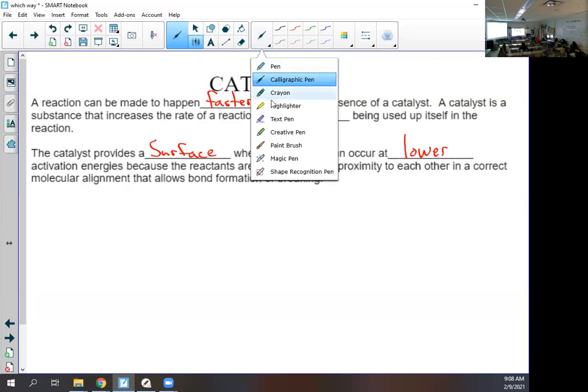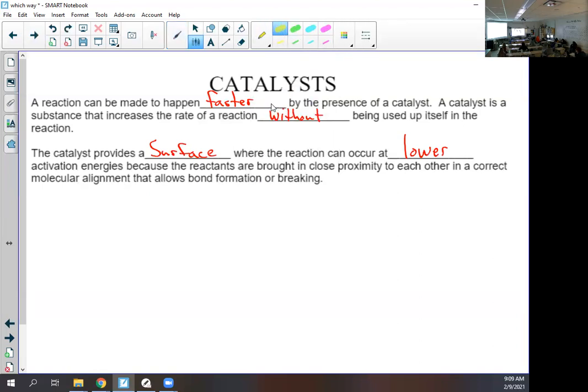Okay, this is a matching term. This is the matching term right here: a substance that increases the rate of a reaction without being used up itself in the reaction. That's your matching term.